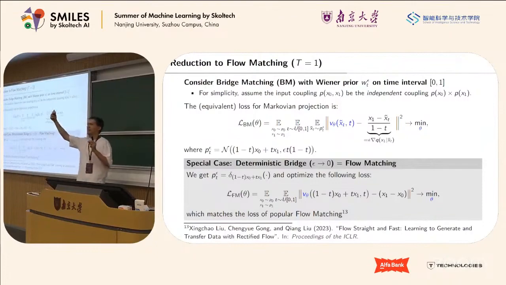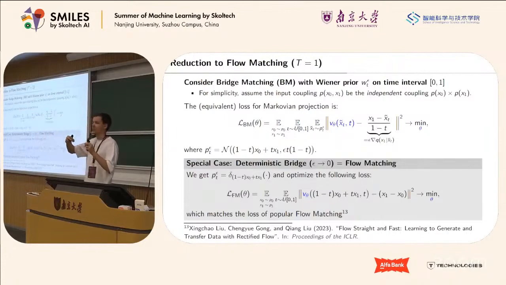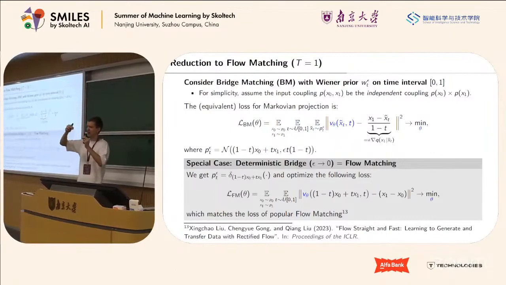So this will be exactly the point on the connecting line between the two points x0 and x1, which we sample deterministically in flow matching. And our objective will also degenerate, because xt will be with very, very high probability exactly this point on the line connecting x0 and x1, because x0, xt, and x1 will be located on the same line.